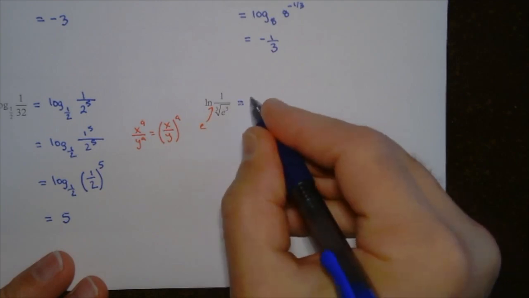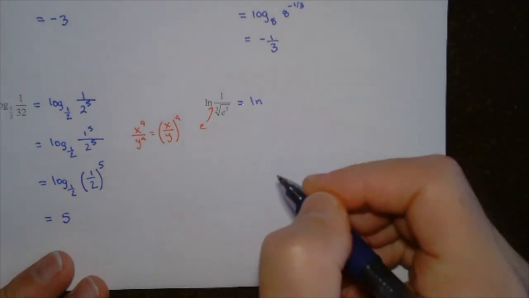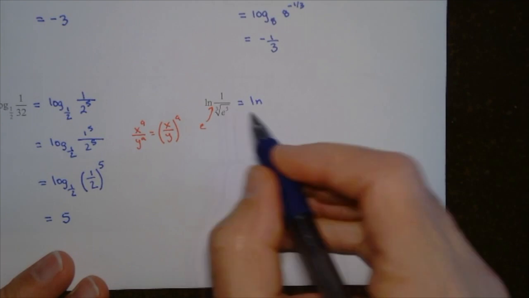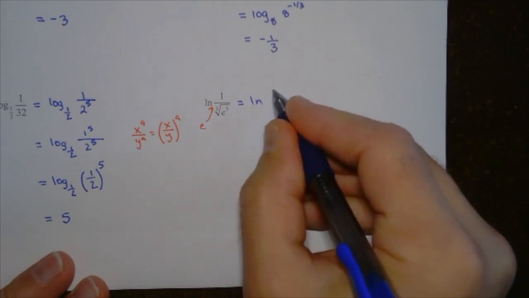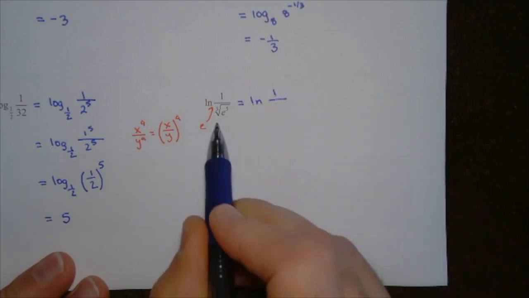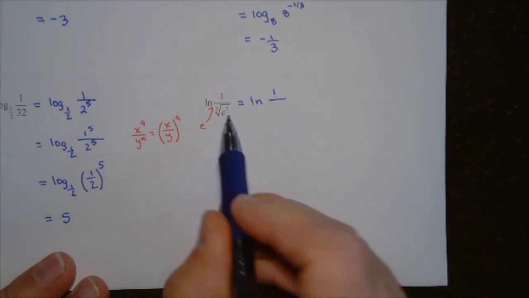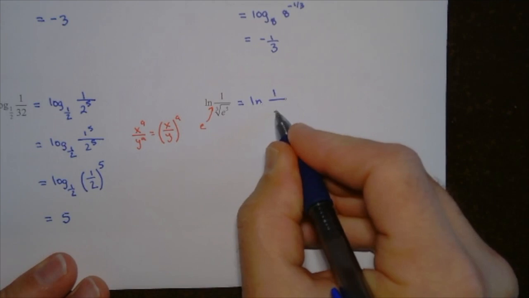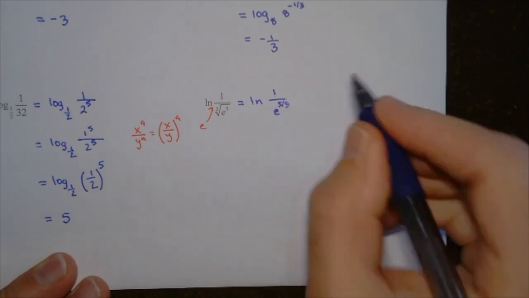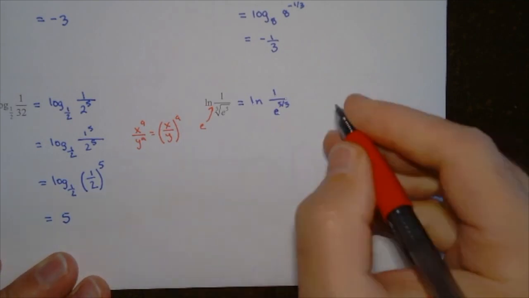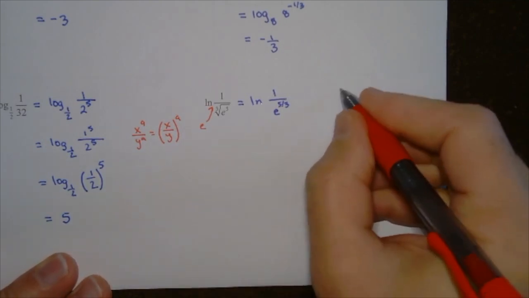Let's start by doing that. This could be written as natural log, and when it's ln, we know it's base e, of 1 over, and the cube root of e to the 5th can be rewritten as e to the 5/3 power.